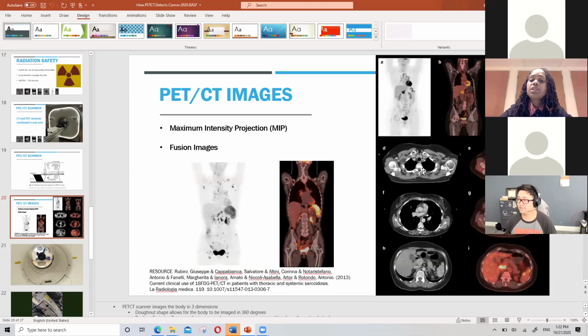When we take the CT, we're getting that anatomy, we're combining it with the uptake in the body, and we get these fused images where we see hot spots in the body. And those are the areas that physicians, radiologists, are going to be looking at to see how a disease may be progressing in the body.